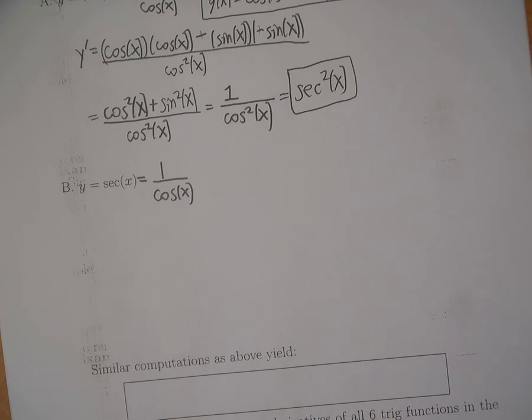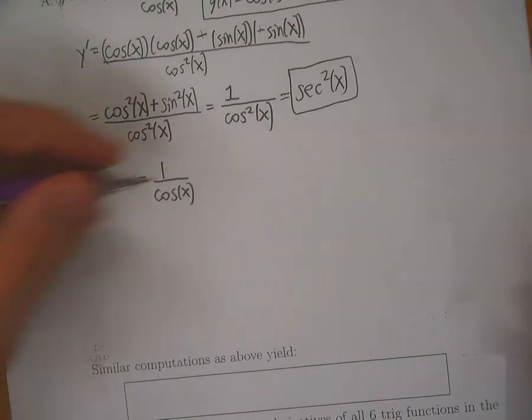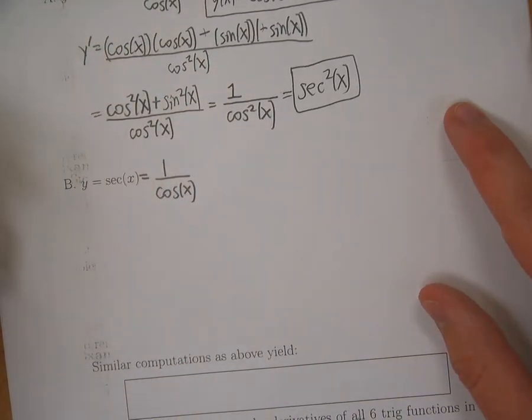It should be tangent secant, or sine over 2 cosine squared. How did you get that? You have to use the quotient rule, so low d high minus high d low over low squared.